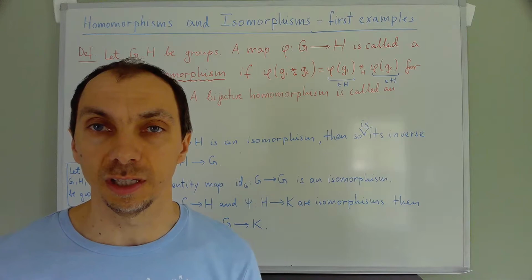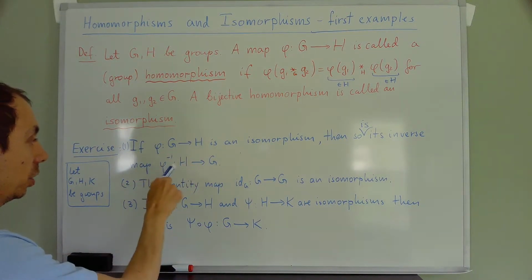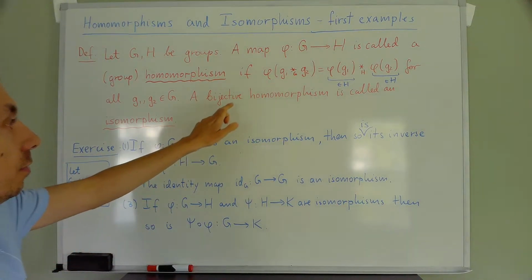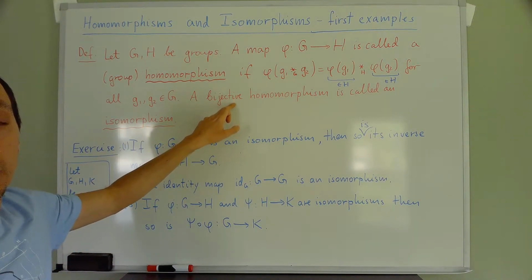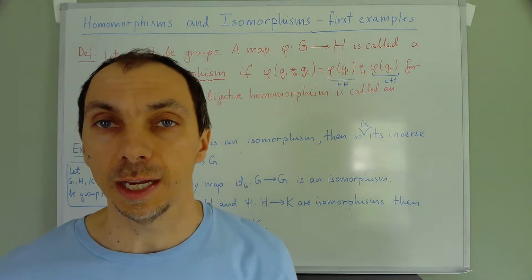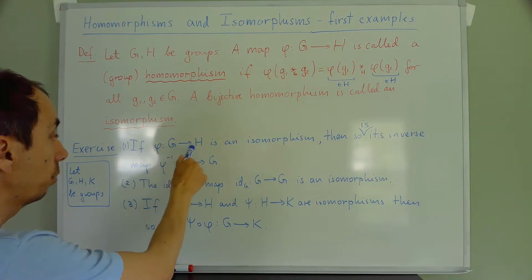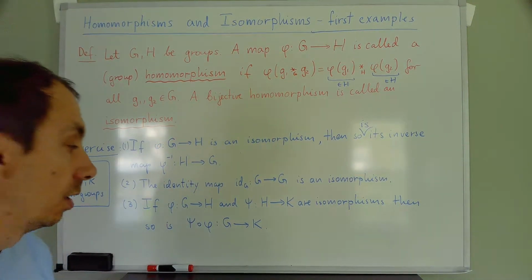So what is there to check? Because phi is a bijection, phi inverse is automatically a bijection, so we already have satisfied this requirement, bijectivity. So the only thing you need to check is that if phi preserves the group operation, then so does phi inverse, right?